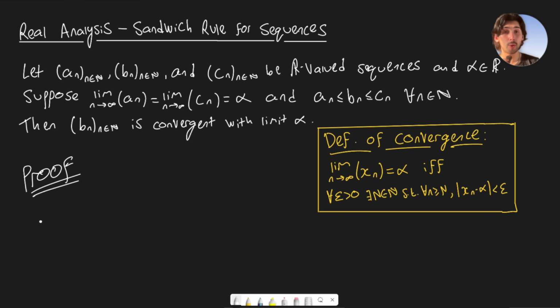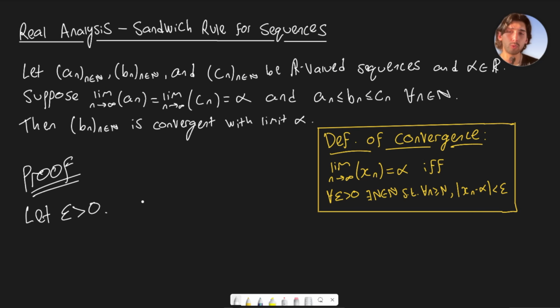As always with a proof like this, we want to say: let epsilon be greater than 0. This is always a good idea, because we're going to need to use some stuff involving epsilon. Now let's use the definition of convergence to say something about an and cn.